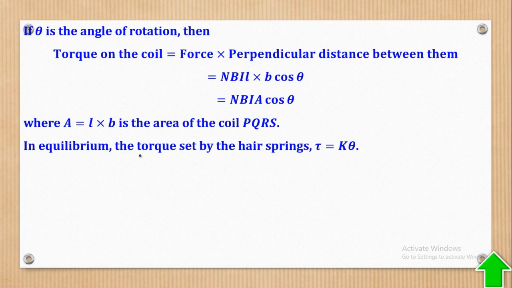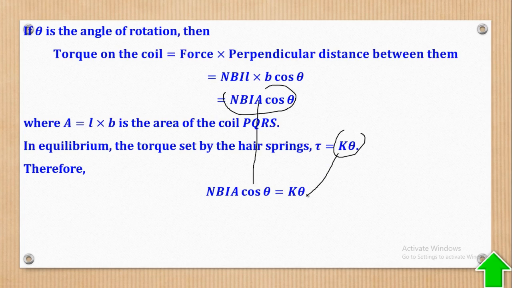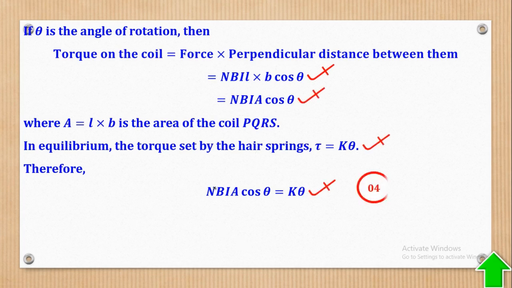Therefore, in equilibrium, the torque set by the hairspring will be given by K theta. That implies that this will be equal to this in equilibrium. So that is how the 4 marks would be awarded.